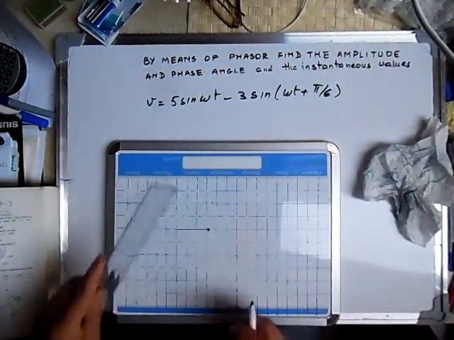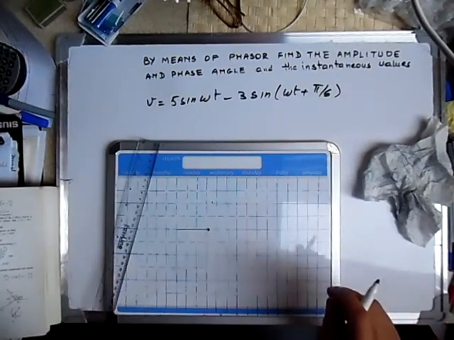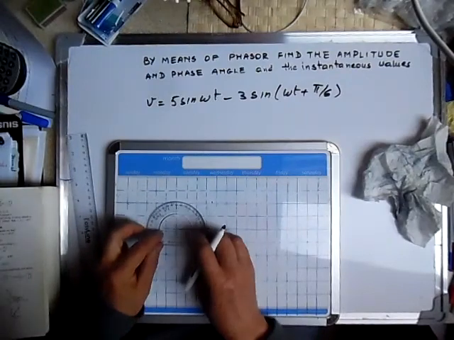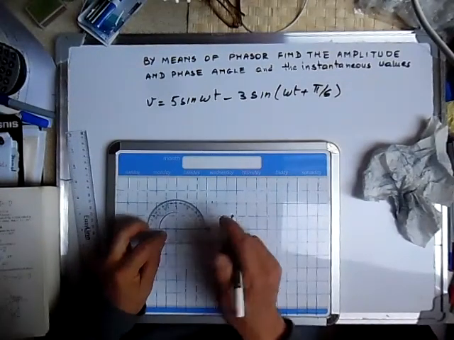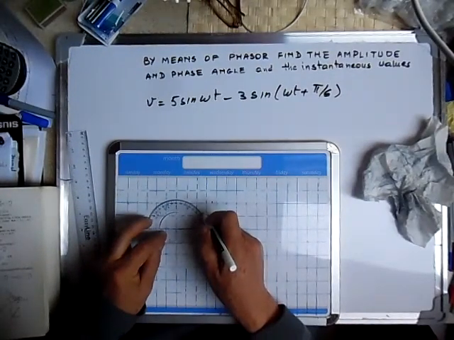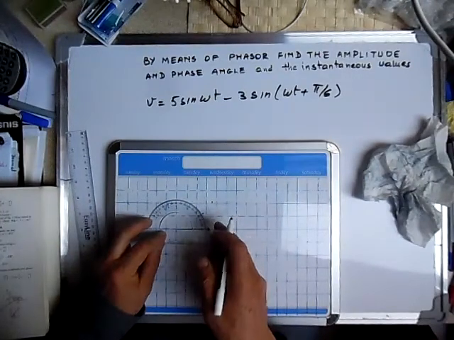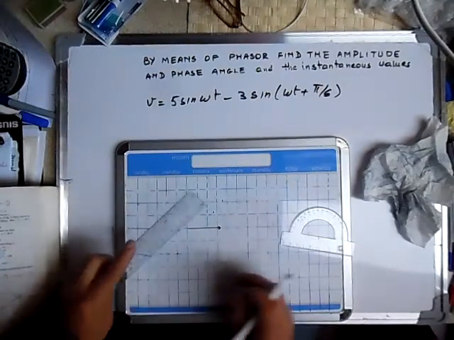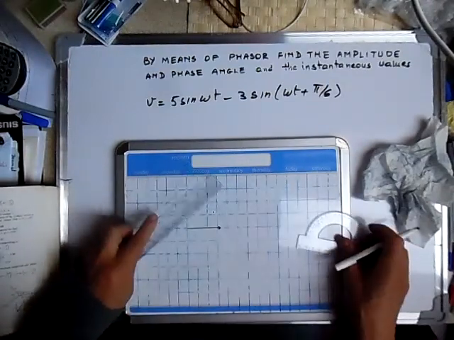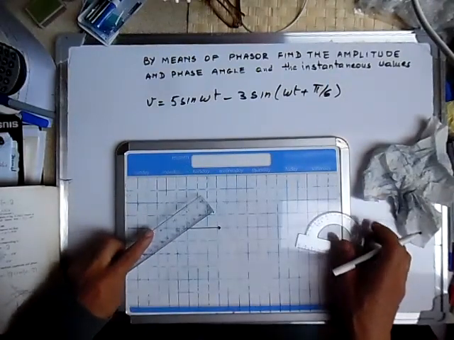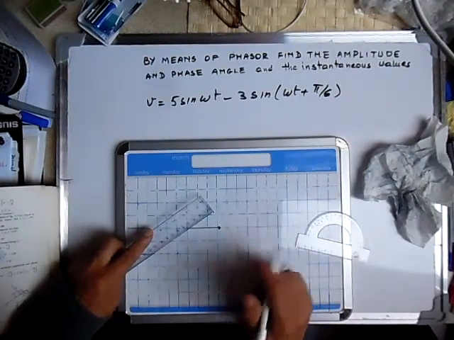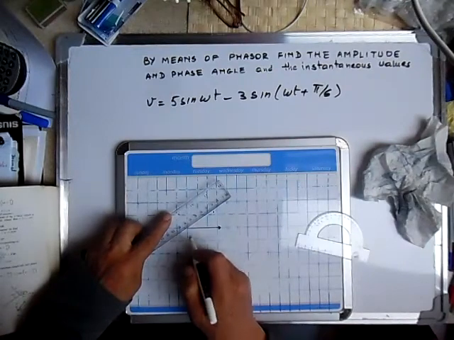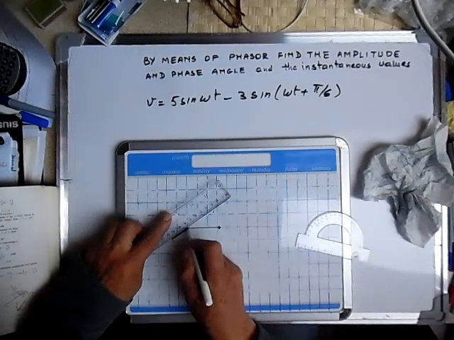And minus 3, pi over 6. Pi over 6 is here, 30 degrees. Okay, we have minus pi over 6, and it is 3 centimeters. 3 centimeters, it's about here.